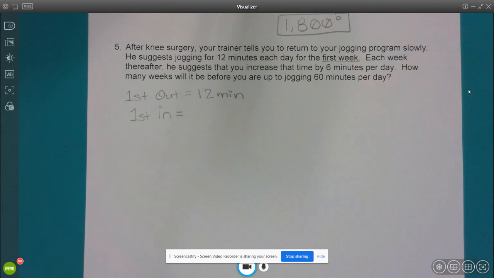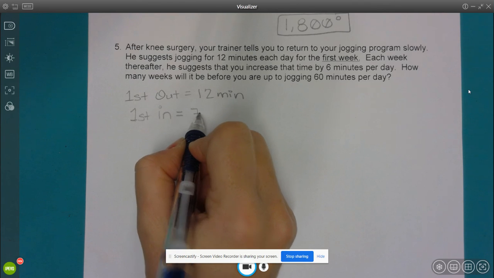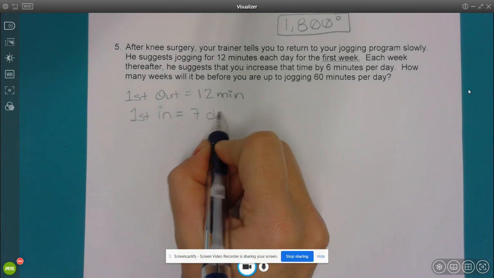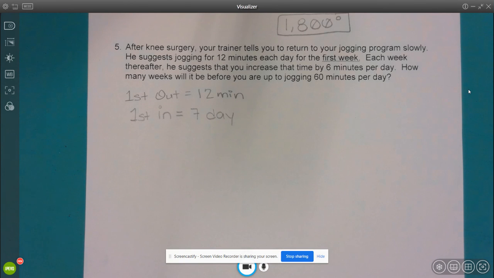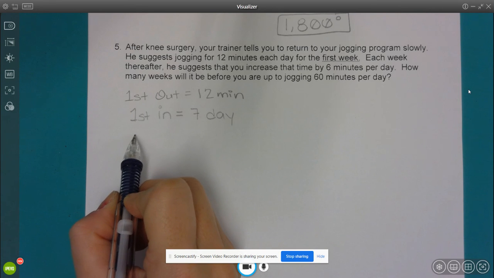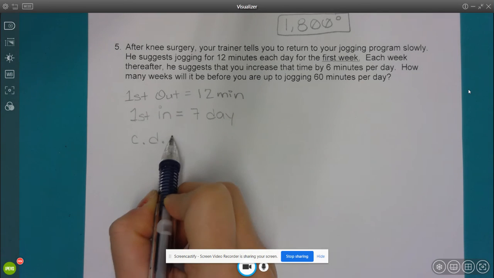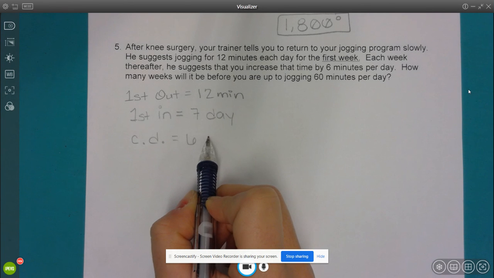What's going to happen right after that, day 7 is the last day that I'm going to be jogging 12 minutes a day. And then day 8 is when I'm allowed to start increasing my jogging. And so my increasing, or my common difference, would be 6 minutes per day.